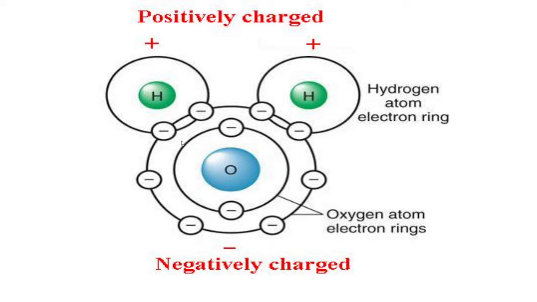Now, these extra electrons here that are sharing kind of pulls those together, and maybe a better way to say it would be all these electrons on this side don't like each other, so they kind of spread out as much as possible, right? They're repelled by each other. So I've got more negative charge here than I do on the other side of the molecule. Same thing here. These 2 electrons are shared.